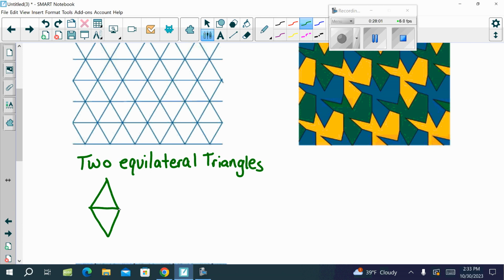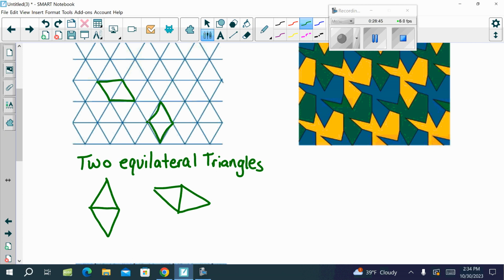Over and over and over again, you could slide that. Or you could have done it kind of like this way, where you have one like this. So this could have been more like a parallelogram, and you could slide that one any which way you want. Okay, so you could have taken the diamond or the parallelogram. Any questions on that one? That's your base figure there.